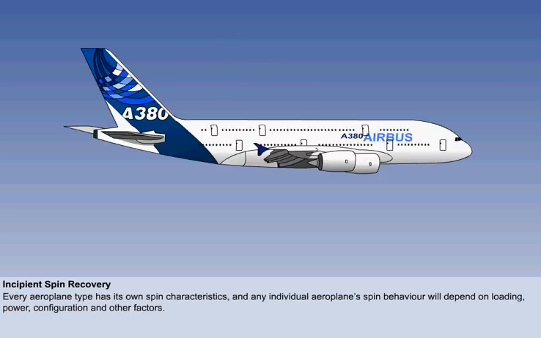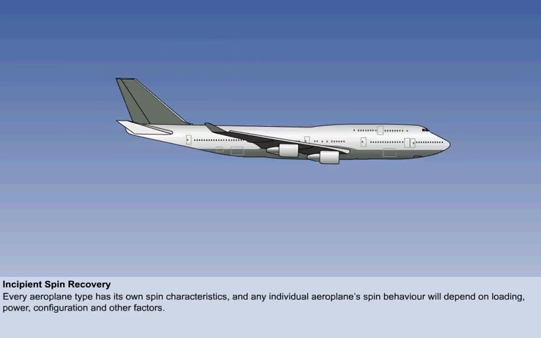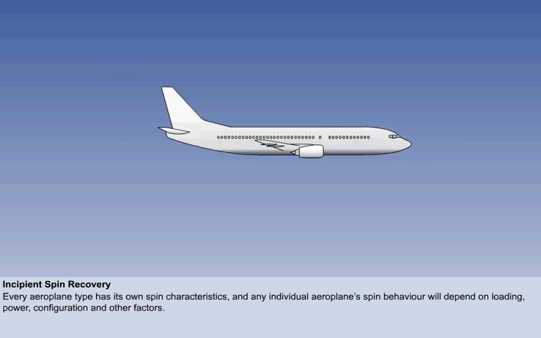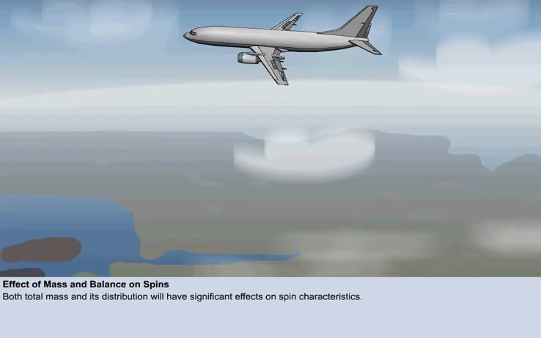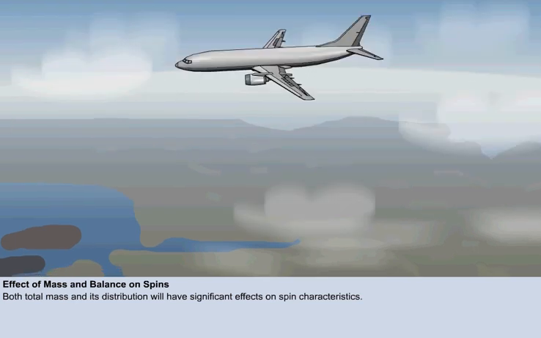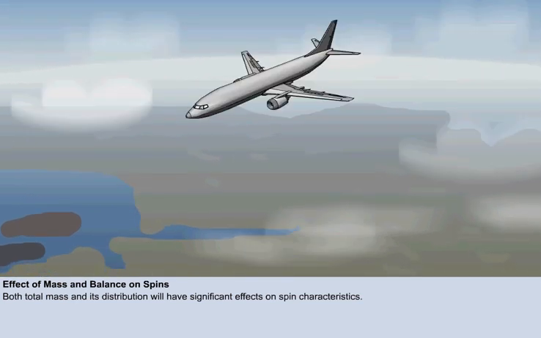Every aeroplane type has its own spin characteristics, and any individual aeroplane's spin behavior will depend on loading, power, configuration, and other factors. Both the total mass of an aeroplane and the distribution of that mass will influence spin characteristics.